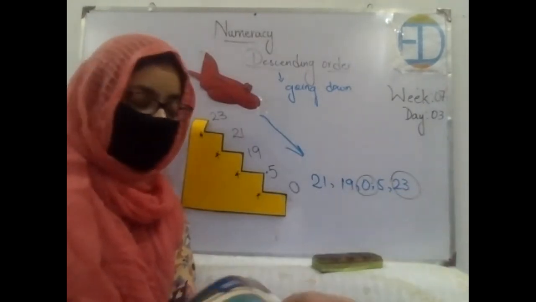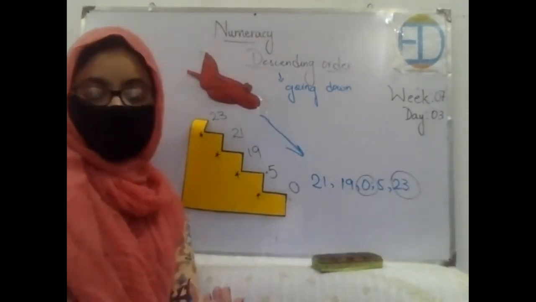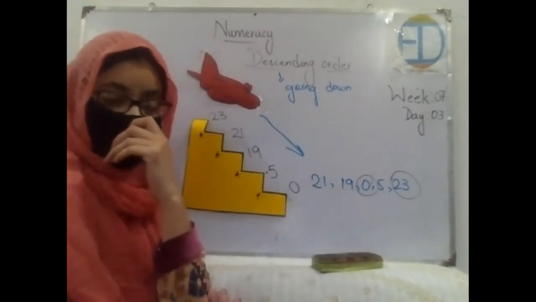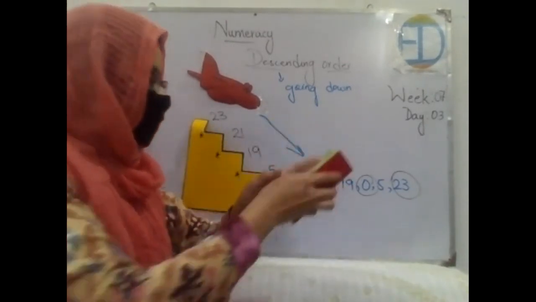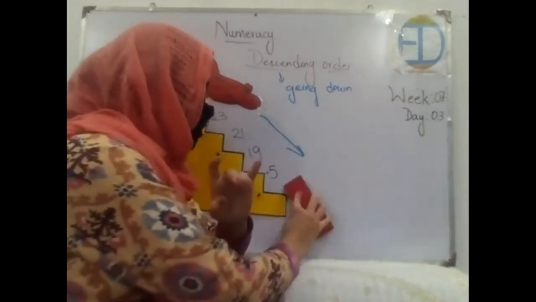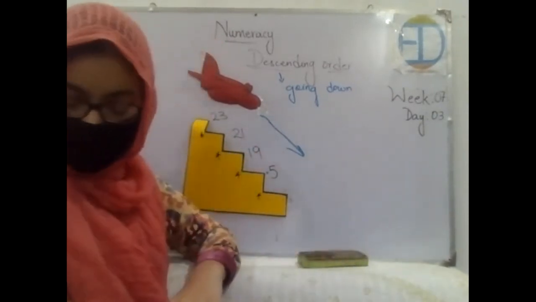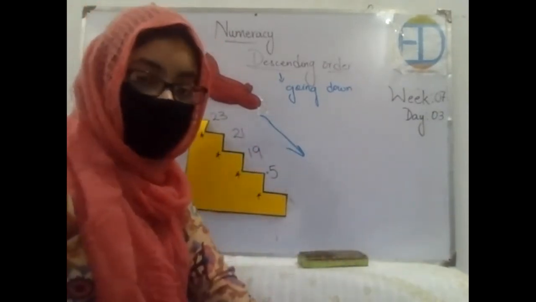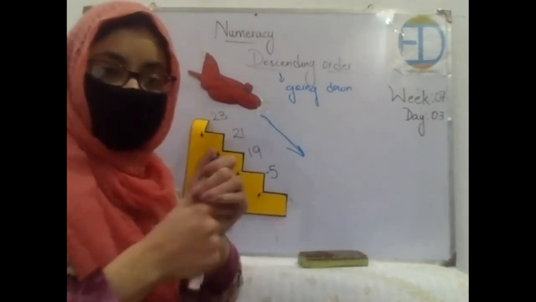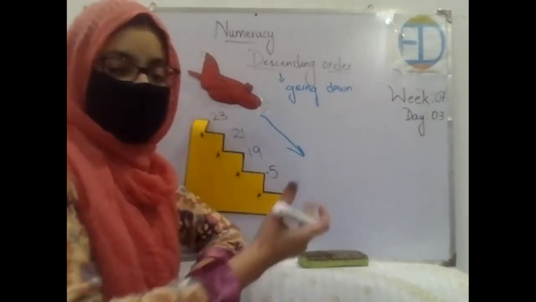No. Okay, so now before ending the class, you are supposed to write these numbers in your notebook, because this is a home assignment for you, that you are supposed to write these numbers in descending order at your home. Okay, so do practice it. I'll be checking it in tomorrow's class first, and then we will start the lesson.